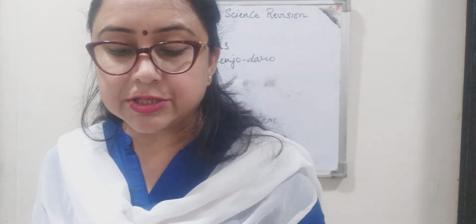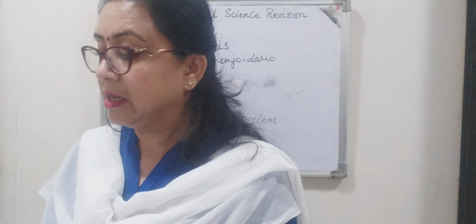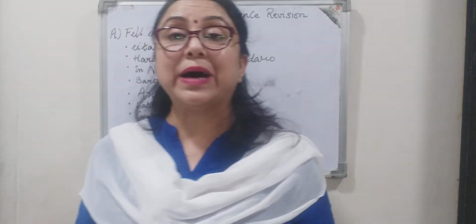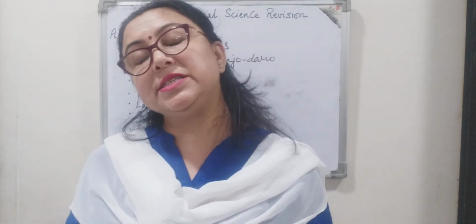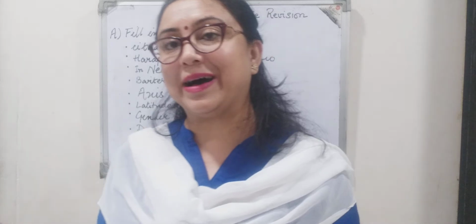Then the last question, explain the anti-apartheid movement in detail. This anti-apartheid movement has been explained in detail in the previous video. So do watch that video. You will get some extra information about the apartheid movement.